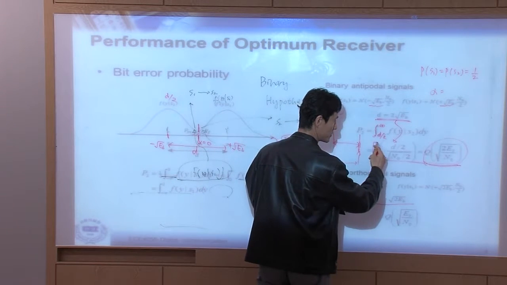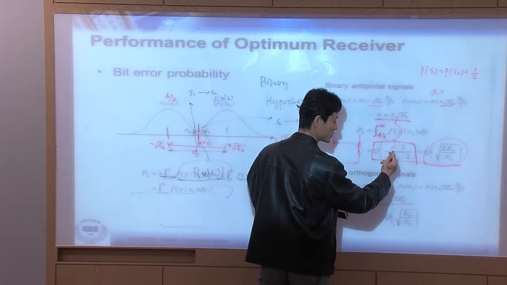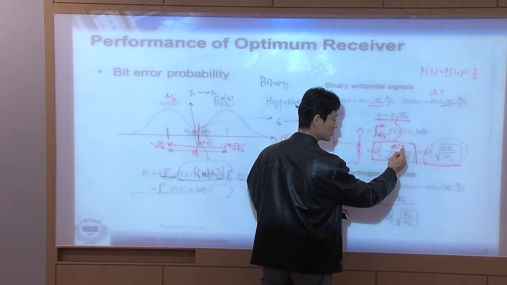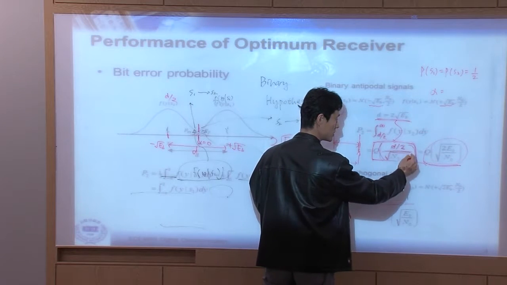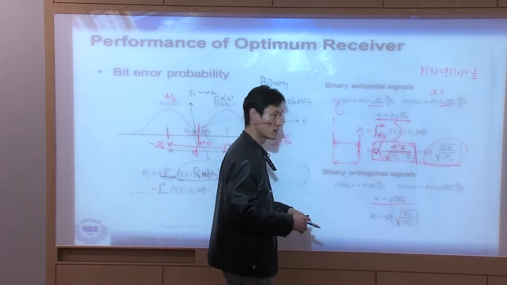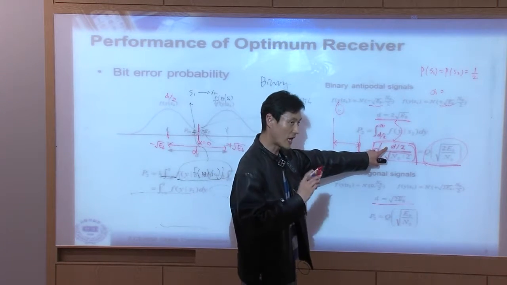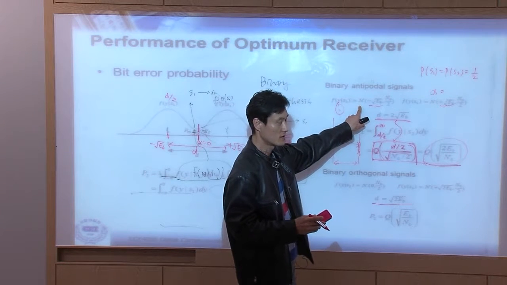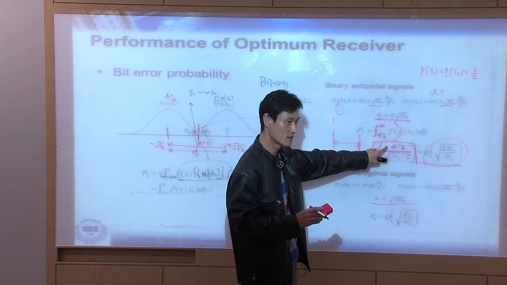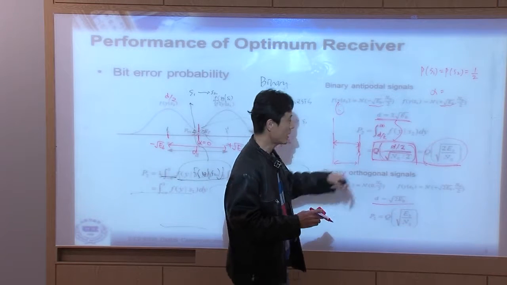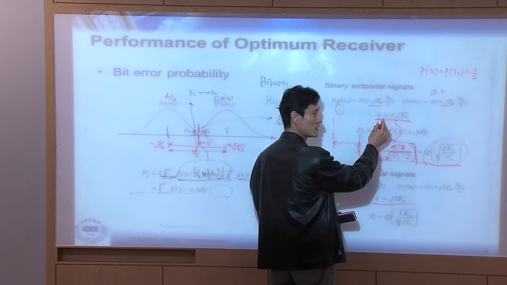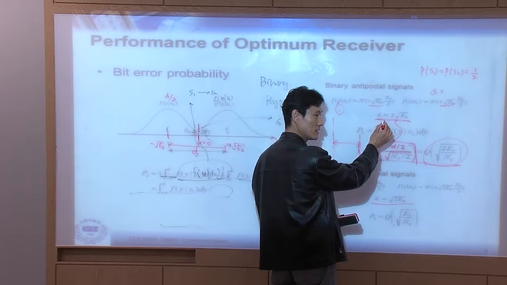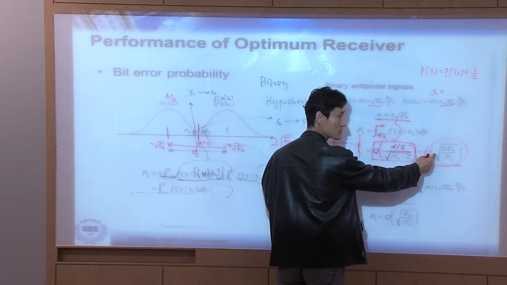That particular equation here, Q function D divided by 2 root square variance, is a general equation. This equation is not for antipodal only. This is for everything, basically. And if you use antipodal, you have your own D, antipodal signaling D. Put that here, you get this.